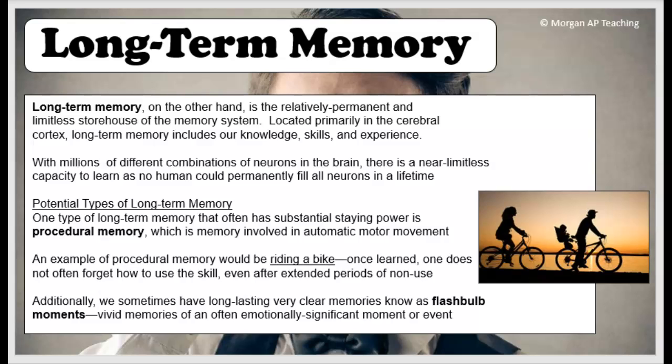Then we have clear memories known as flashbulb moments. Vivid, emotionally significant. I love this term because if you think of an old-timey camera, when you took a picture, a big flashbulb went off, right? This big light. Let me see if I can get a little video because I don't know if everyone knows.